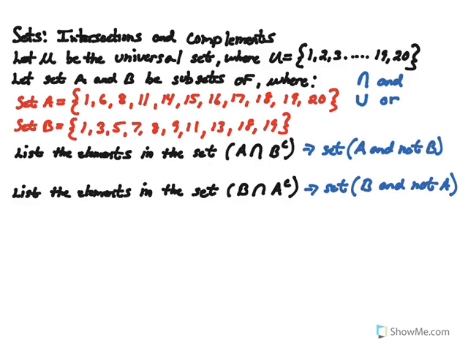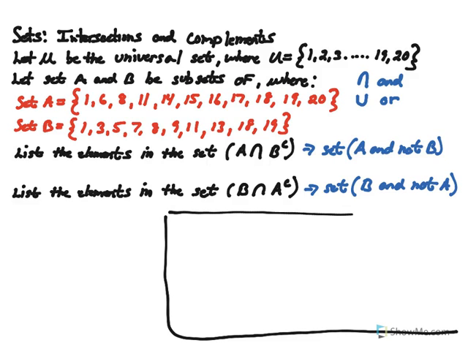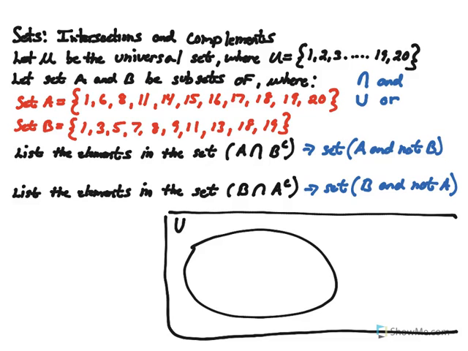So we're going to draw a nice little diagram, and we're going to call that our universal set. So everything in this box is our universal set. And then we're going to have two subsets. We'll just call this one subset A, subset B.